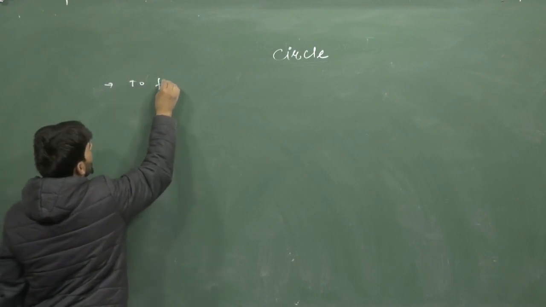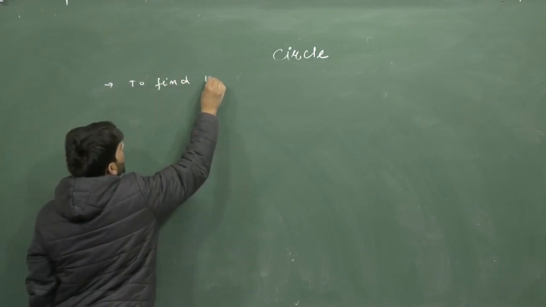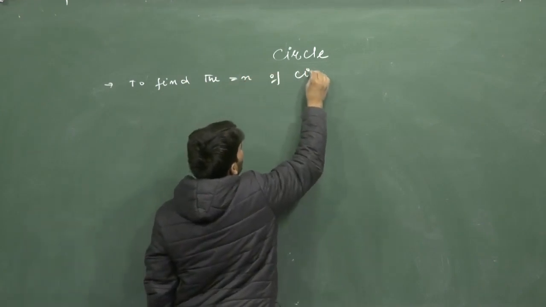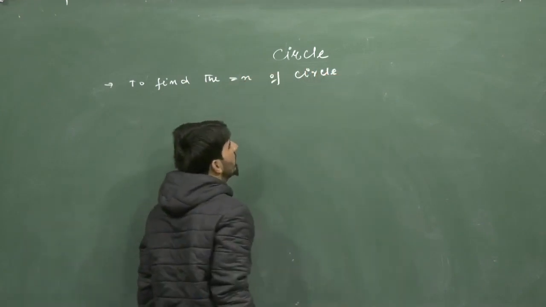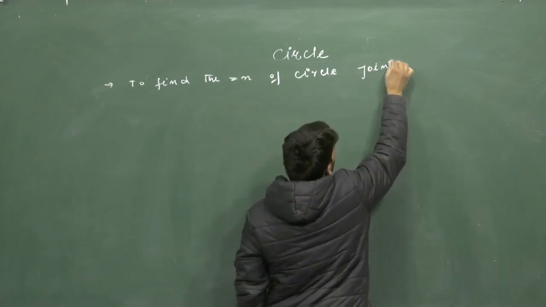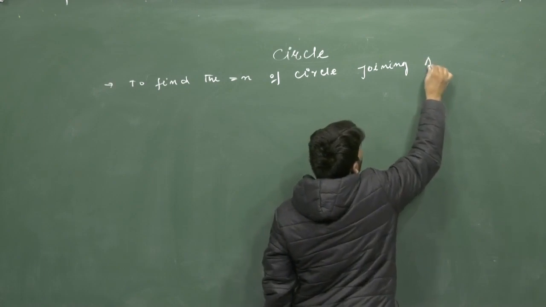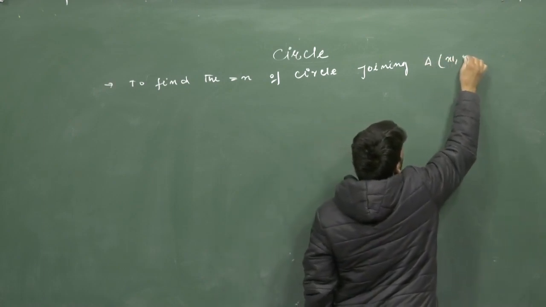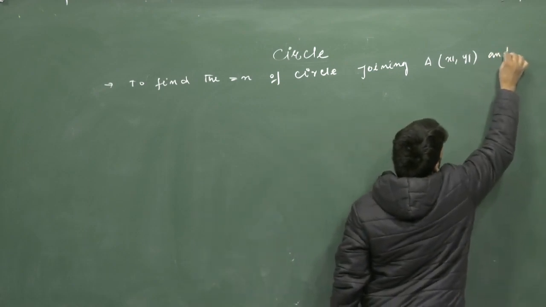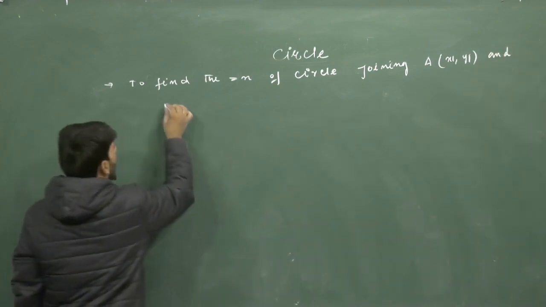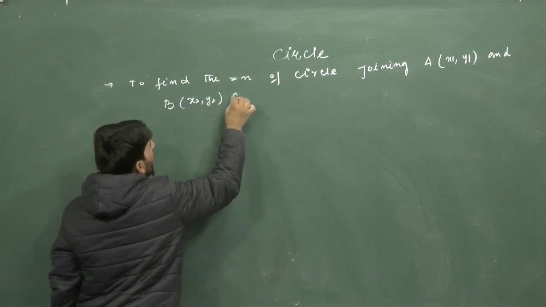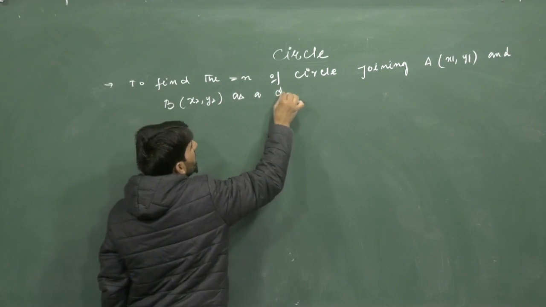Now take the diametric form of the equation of a circle. To find the equation of the circle joining A (x1, y1) and B having coordinates (x2, y2) as a diameter.